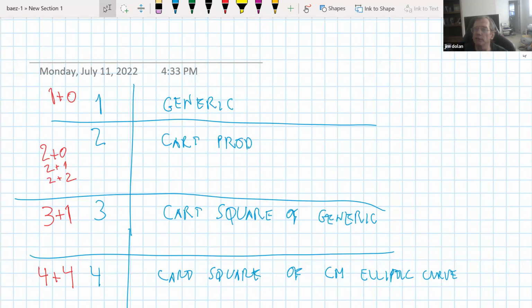So the first big level of degeneracy is the products. That's a codimension 1 substack, the ones that are products. That's a 2-dimensional thing in this 3-dimensional moduli stack. And then one level beyond that is the squares, and that's another codimension.